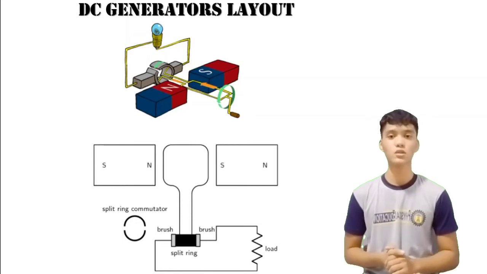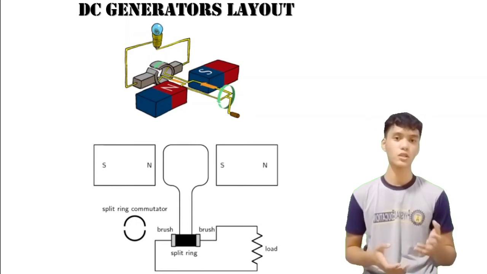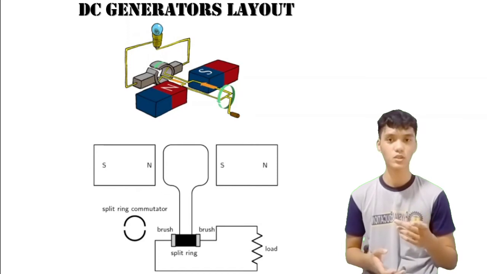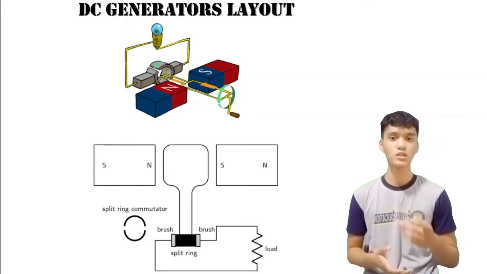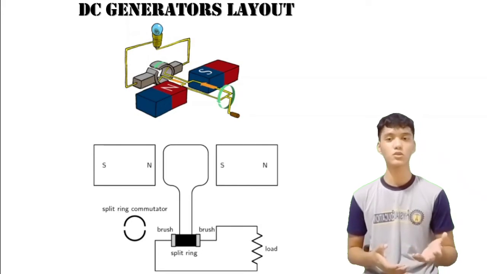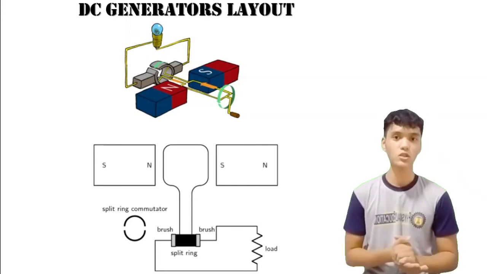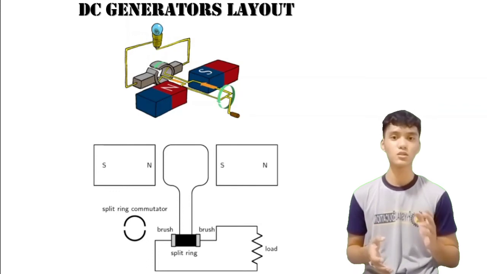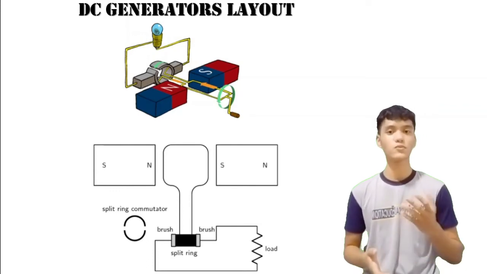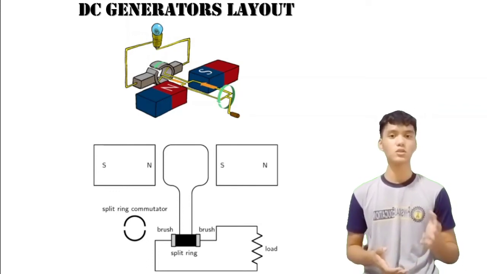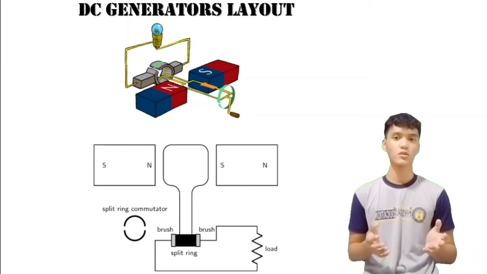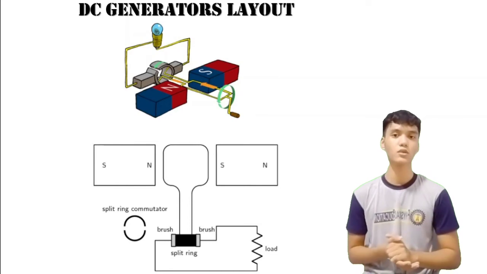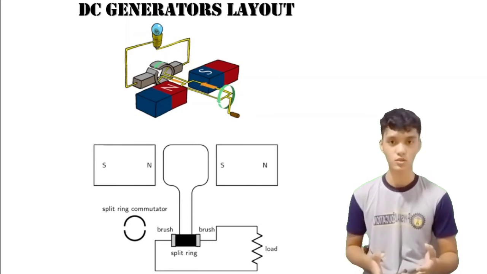The current in the loop does reverse direction, but if you look carefully at the 2D image, you will see that the sections of the split ring commutator also change which side of the circuit they are touching. So if the current changes direction at the same time that the commutator swaps sides, the external current will always go in the same direction.